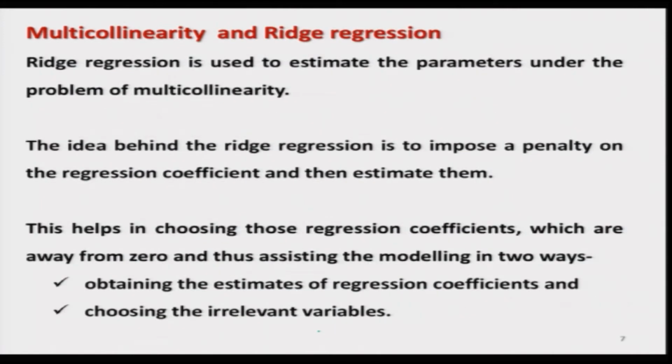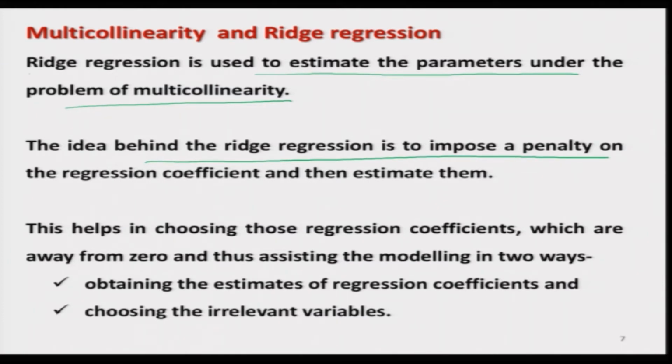In order to solve the multicollinearity problem, one good solution which has been suggested in the literature is ridge regression. Ridge regression is used to estimate the parameters under the problem of multicollinearity in the data. The idea behind ridge regression is to impose a penalty on the regression coefficients and then estimate them.